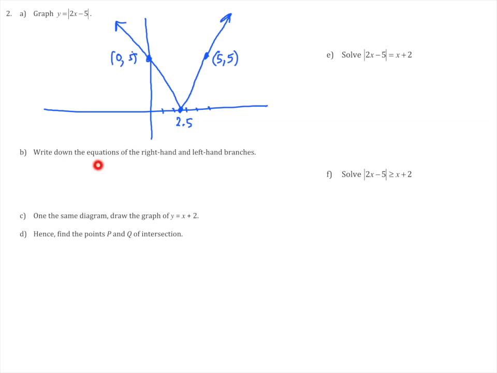Now, it says to write down the equations for the right hand and the left hand branches. So the right hand branch is this branch here. Now that's really the same as the line y equals 2x take 5.